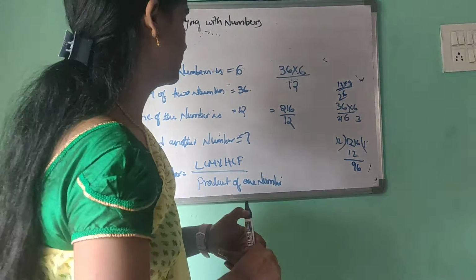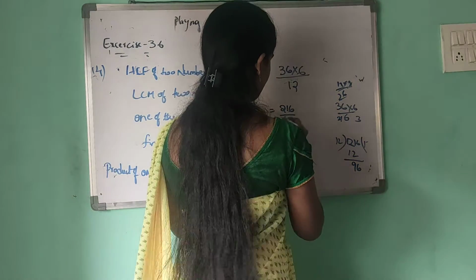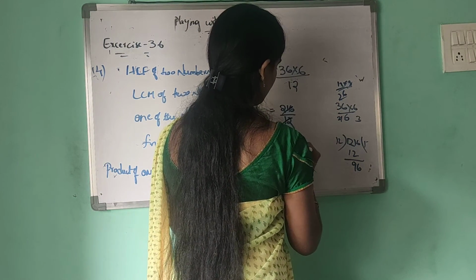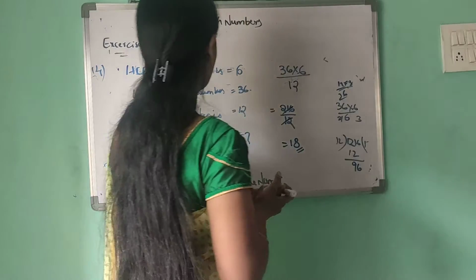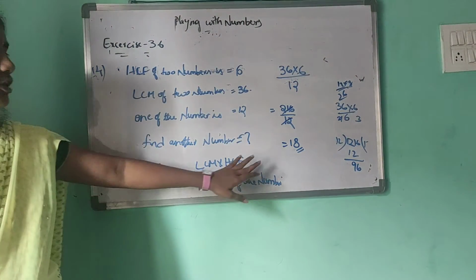How many times? 18 times. So the other number's value is 18.